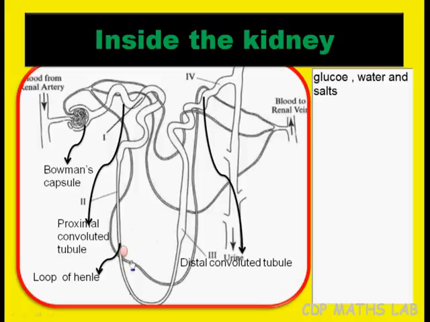So we have water leaving the loop of Henle going into the capillary, and then we have salts traveling from the capillary into the loop of Henle. The movement of salts from the capillaries to the loop of Henle is carried out by a process called active transport, which you know is when the ions travel across the cell membrane against the concentration gradient, which uses energy from respiration. All right.